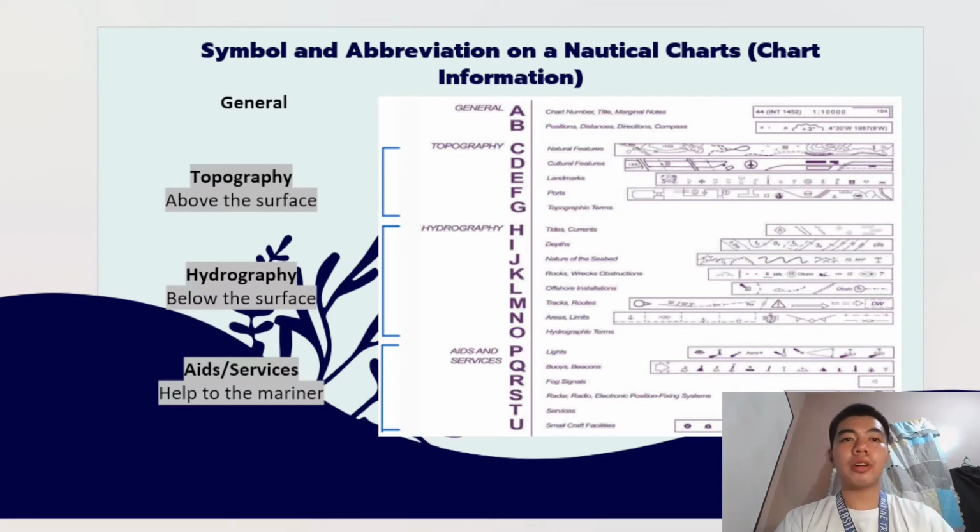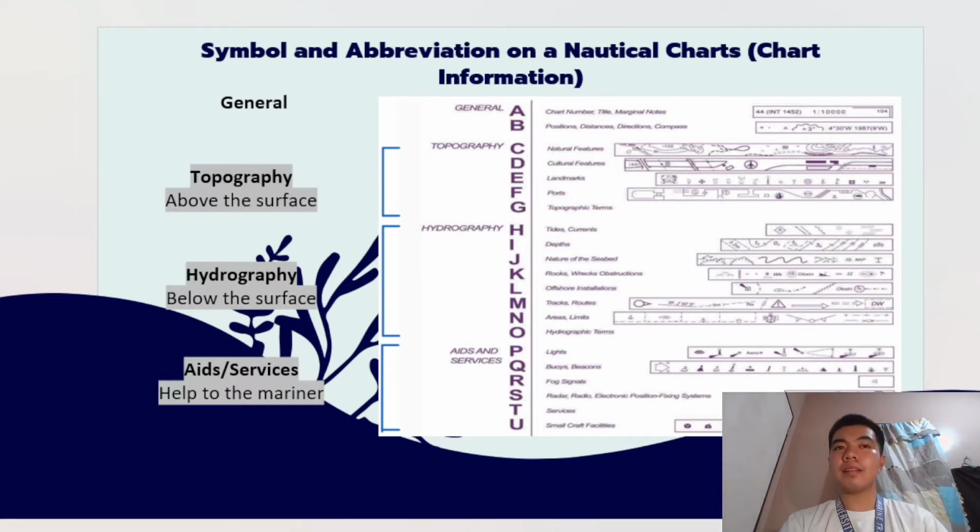And next, hydrography. That is from H to O, meaning below the surface. So we have tides, currents, depths, nature of the seabed, rocks, wrecks, obstructions, offshore installations, tracks, routes, areas, limits, hydrographic terms.